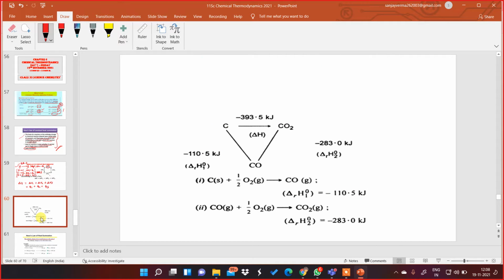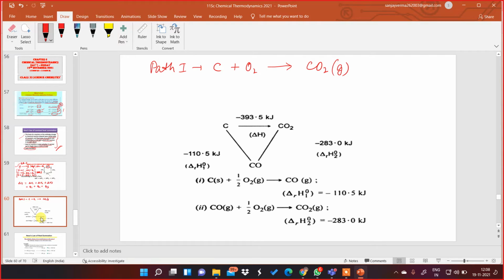Over here, we have taken the formation of carbon dioxide from carbon and oxygen. So let us take path one, where carbon is being burned in oxygen to give carbon dioxide gas.